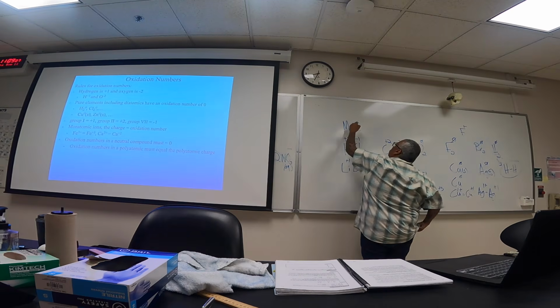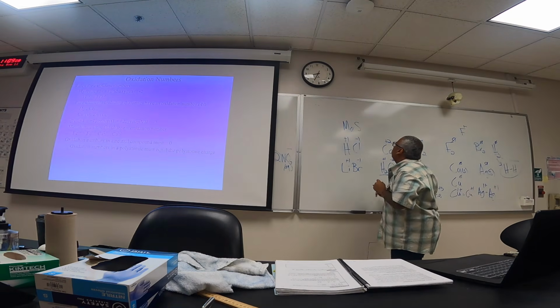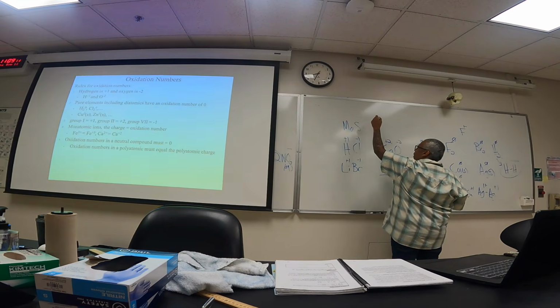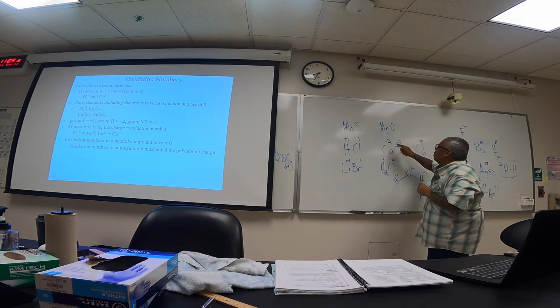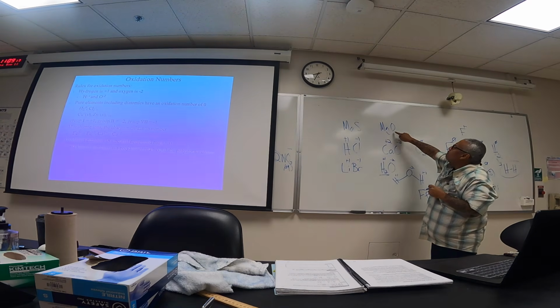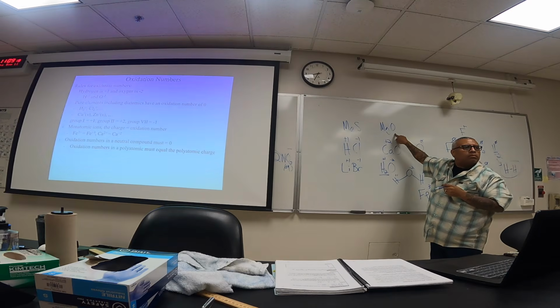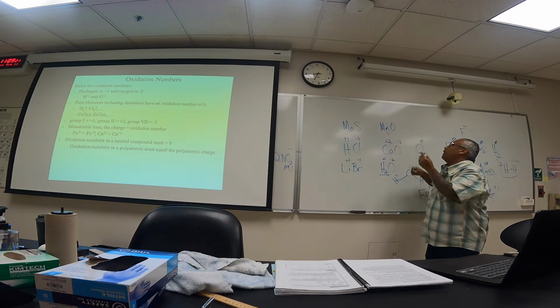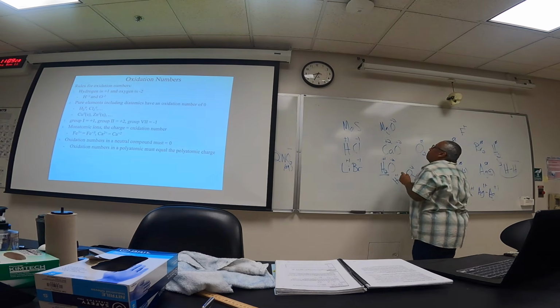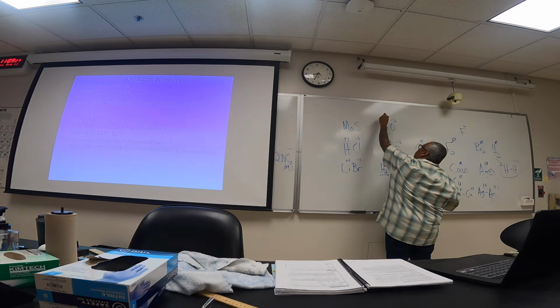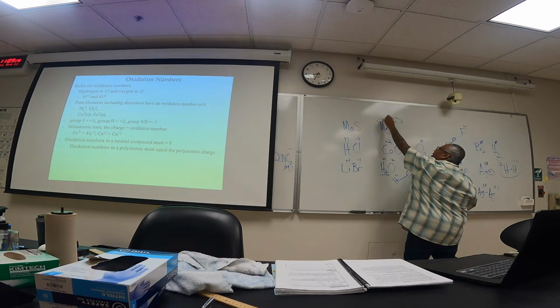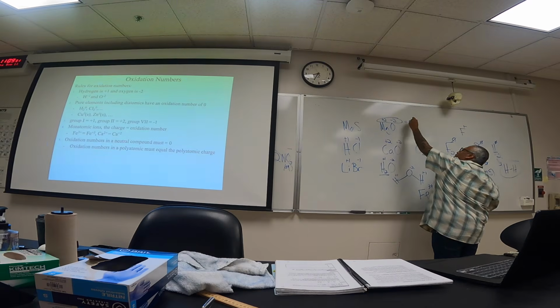So magnesium sulfide. And I'm also going to put, let's use magnesium oxide. So we'll start with magnesium oxide first. Oxygen, what's our rule for oxygen? It's always minus 2. Magnesium is in group 2, plus 2. And when you add these up, they have to equal 0, right?